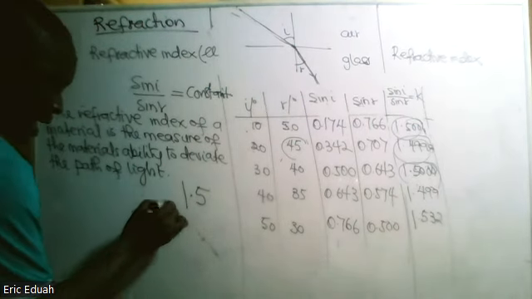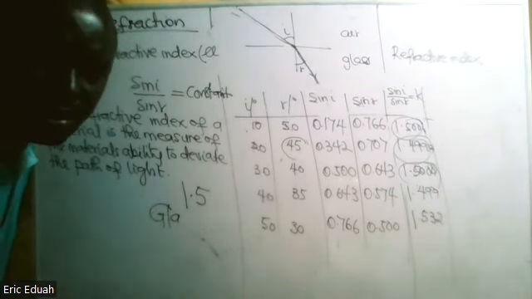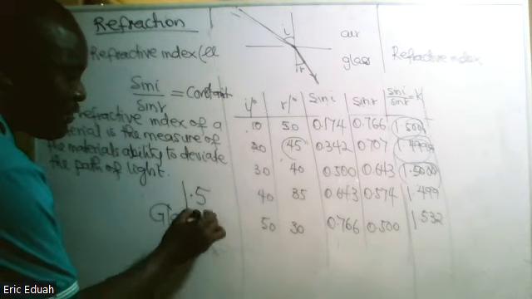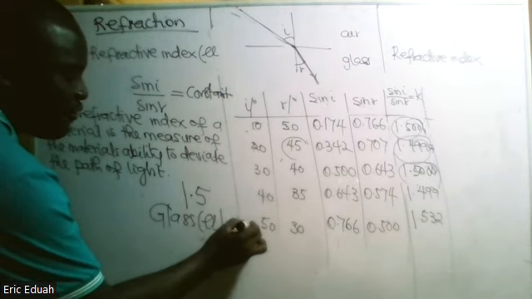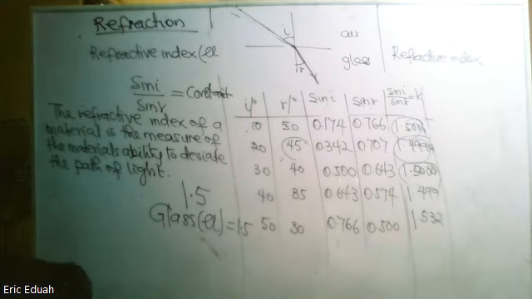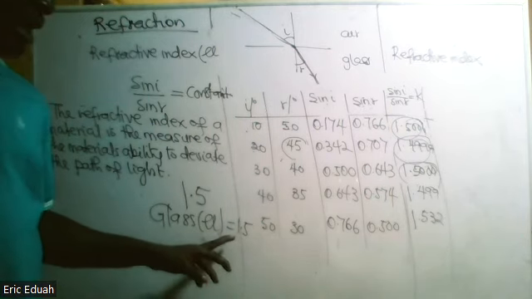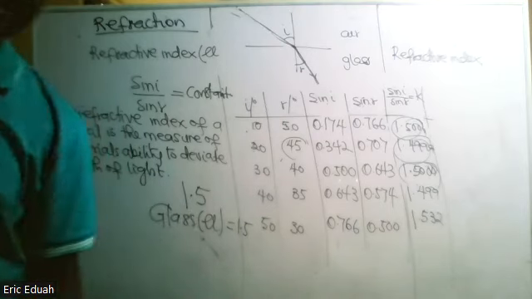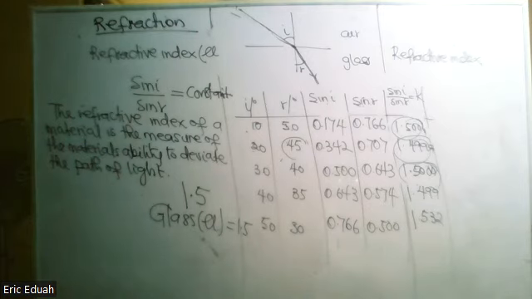Glass, for instance, has a refractive index of 1.5. It means that glass can deviate the path of light 1.5 times as much as the deviation that can be done by air. Is that okay? So that is what it means by the refractive index of a material.